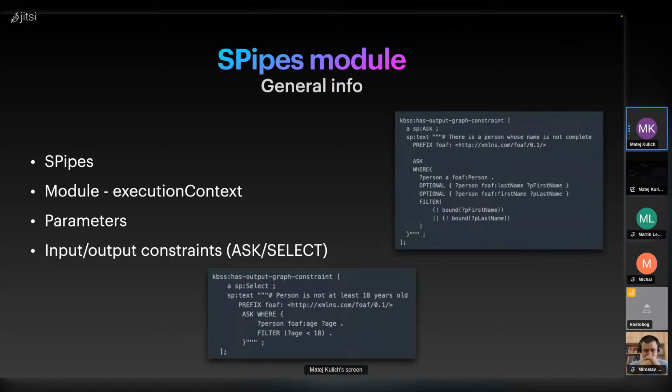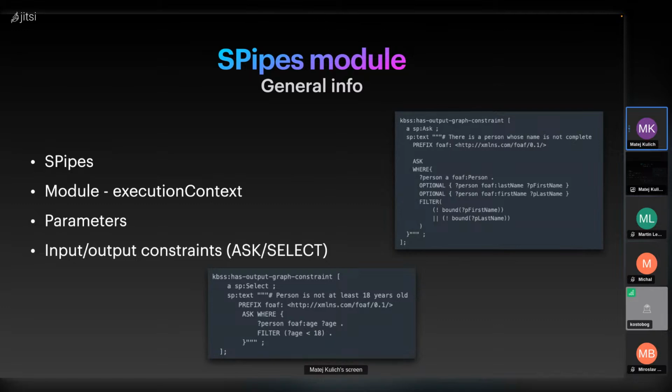Each S-Pipes module can have any number of input and output constraints. These are validation constraints in SPARQL query. Currently, S-Pipes supports two types of queries, ask and select. Ask returns true if the validation constraint is violated, and select returns a non-empty binding if the validation constraint is violated.